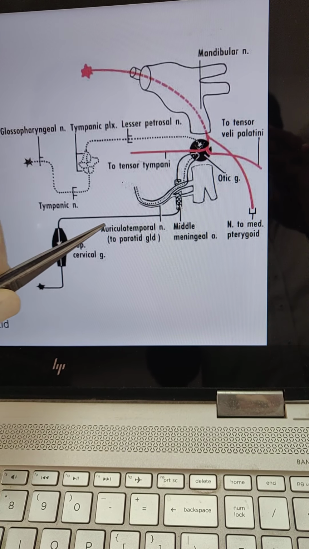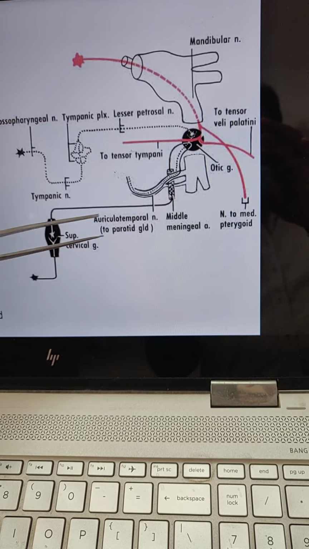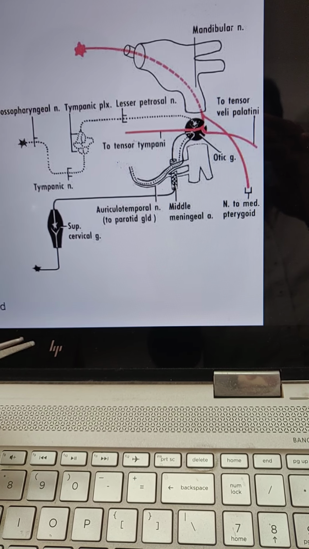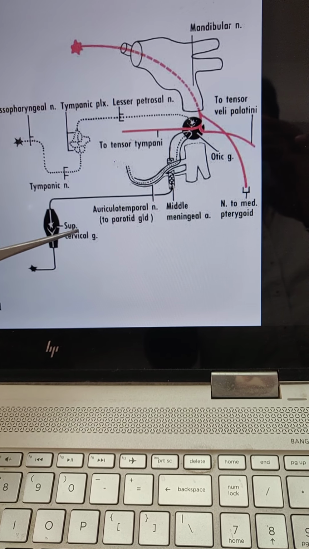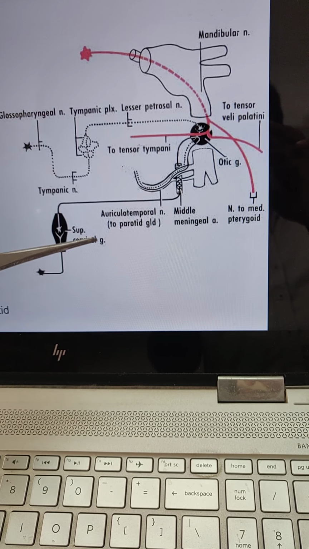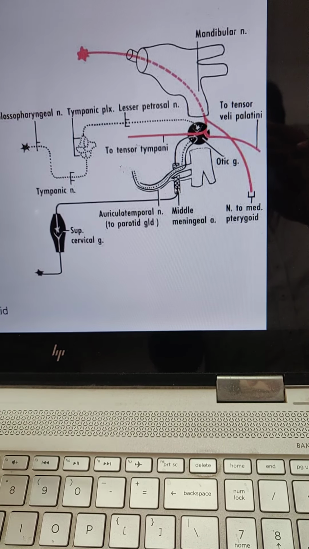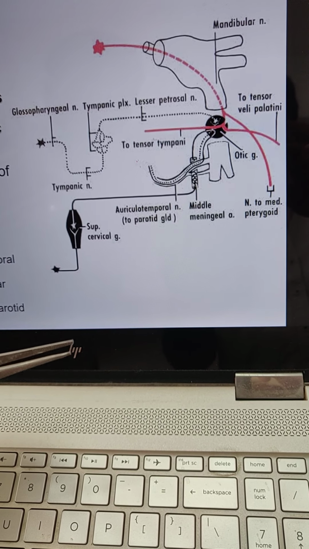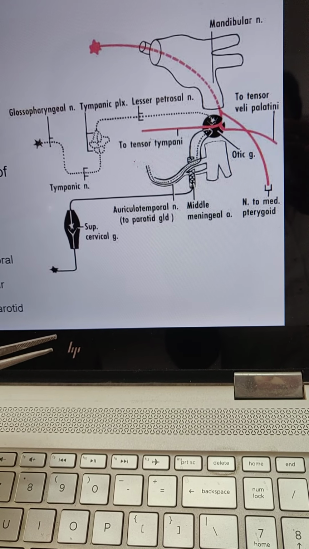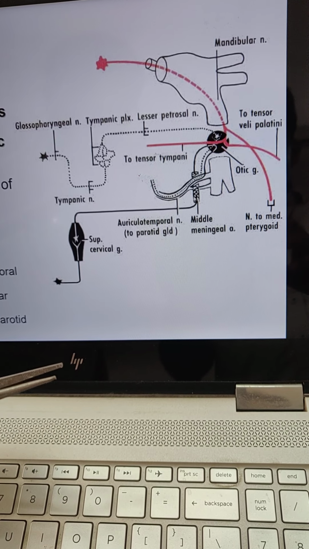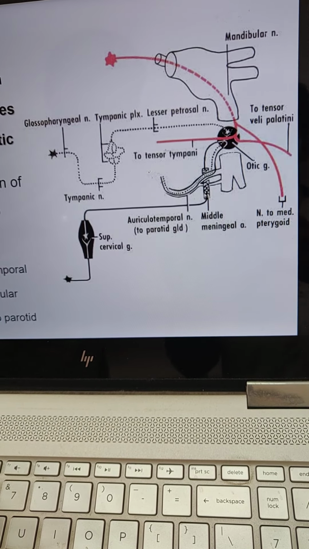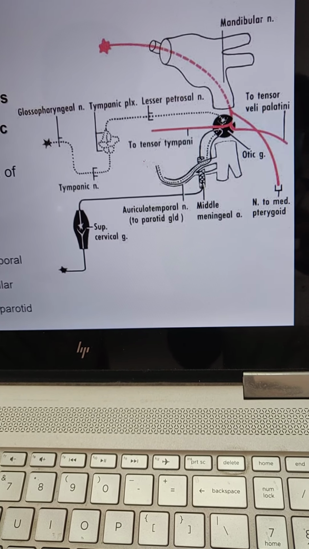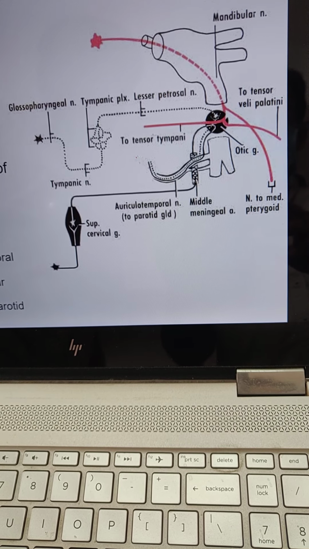So the fibers travel along with the external carotid artery, and it is also secretomotor, but it produces sticky secretions, and it is also vasomotor in relation. Sensory nerve supply is by the auriculotemporal nerve and the great auricular nerve, and C2 fibers to the parotid fascia.